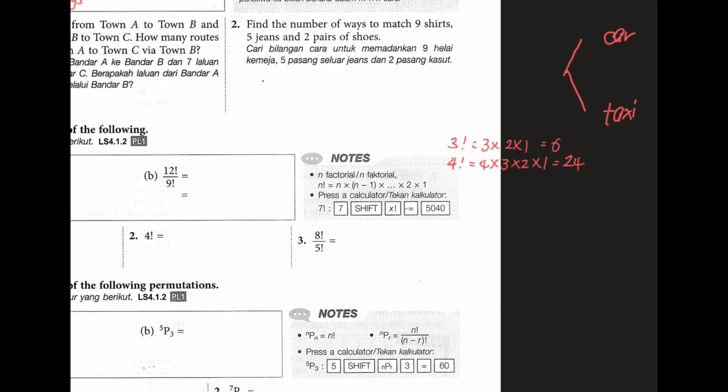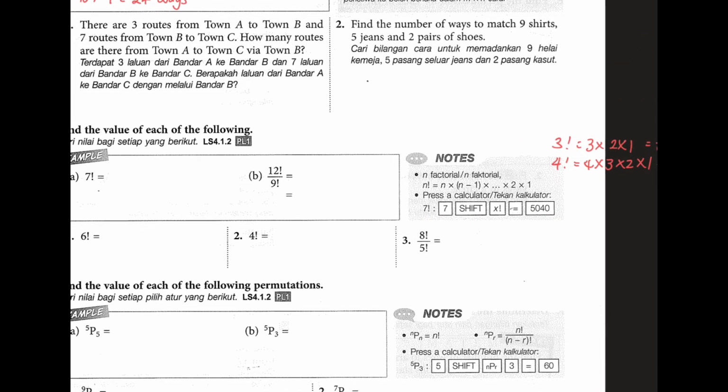Of course, you can use a calculator. Press 7 factorial, 7 shift x factorial. When you press this button, the factorial will come out, and then you press equal, then you get 5040. This one I leave to you. Now let's see how we use factorial in our example here.